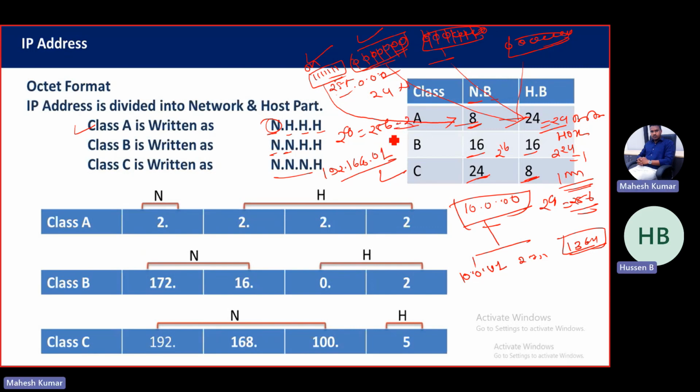Minus 2 here: minus 1 for the network ID, and minus 1 again for the last ID, the end IP, the broadcast IP, which we will cover in an upcoming class. That's why we use 254 only. Only 254 PCs can connect in any class C IP.